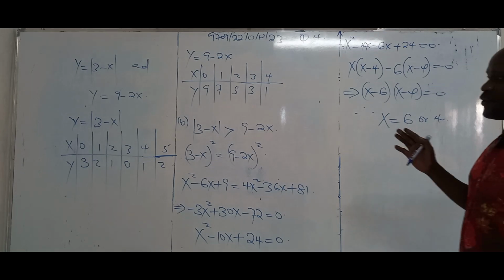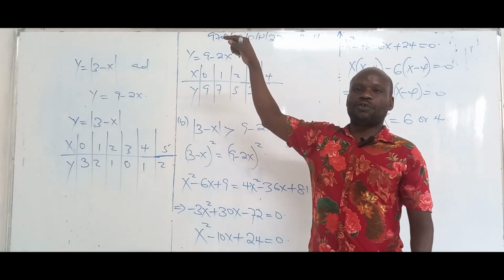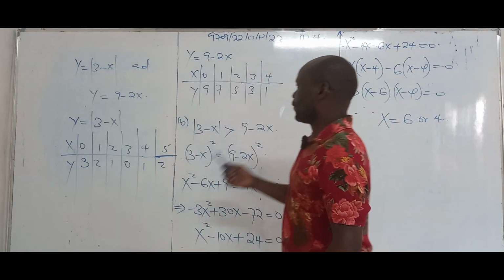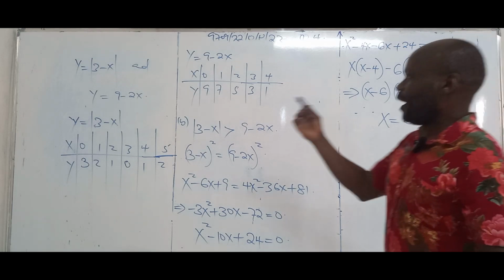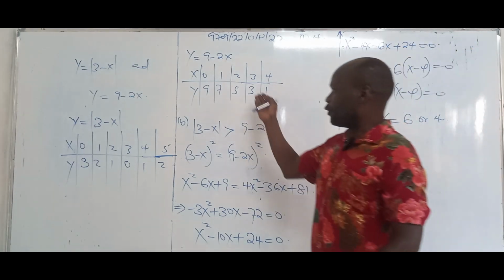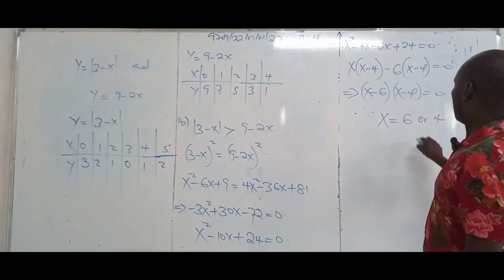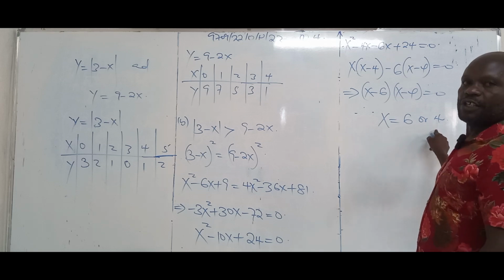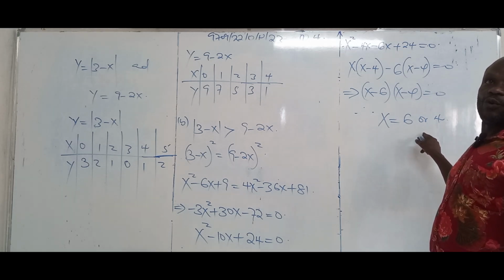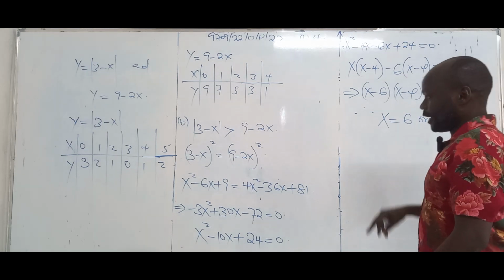But realize that there's a reason why we drew the first. We insisted that you sketch this graph and this graph on the same axis. By inspection, you should be able to see which of these, 6 or 4, is the correct value of x.